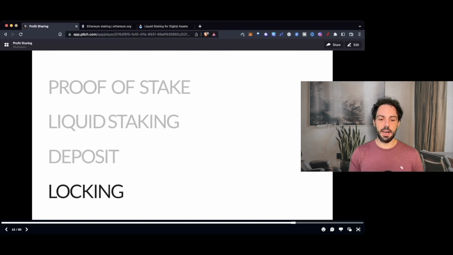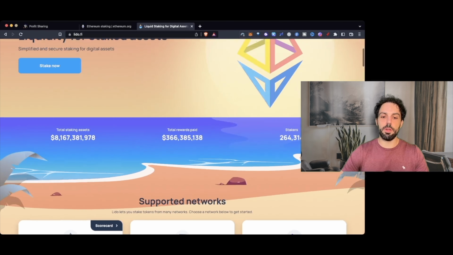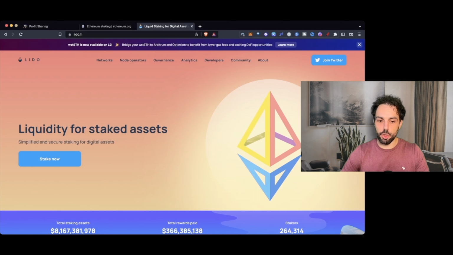On the other side, the same word is also used with the meaning of locking. So, for example, when you go into any other protocol, it could be this one. In this one, for example, they have also another token. The token of this protocol is called the Lido token, and this token is also the governance token. Do you remember when we were talking about the different use cases of the different cryptos? Well, one of them is participating in the governance.